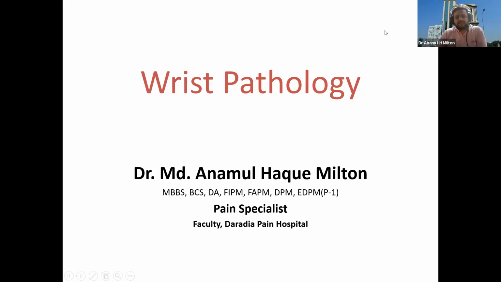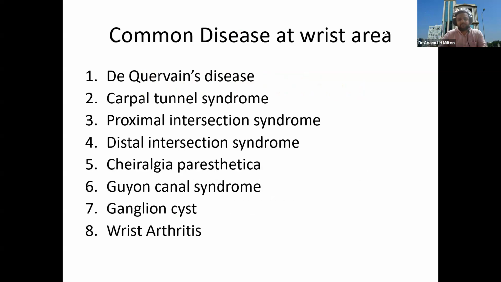Another thing is that ultrasound is very hands-on, because with some position changes you see a lot of ligaments, but if you are not in the right position you cannot see them under the ultrasound. So today our topic is wrist pathology.